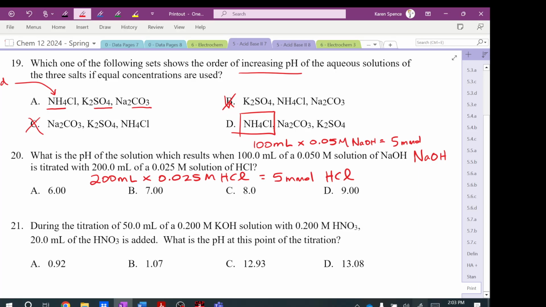So, cool thing here is that you have the same moles of acid and the same moles of base. So what do they do? They neutralize completely.